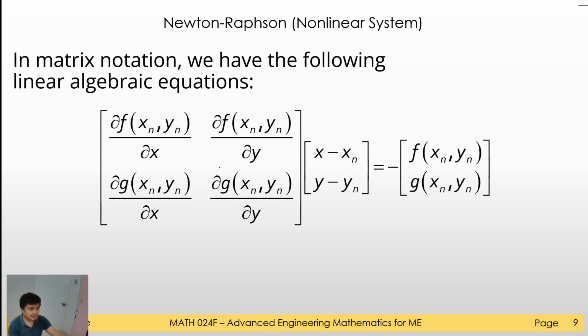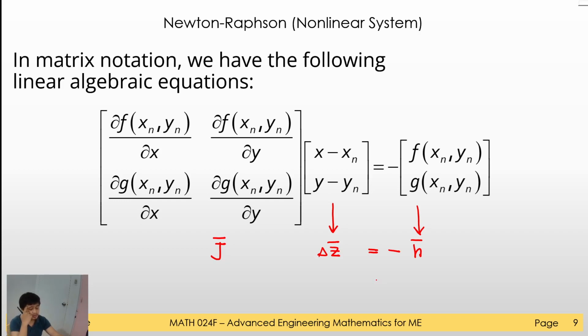This first matrix is called the Jacobian matrix, and we can call this the delta Z matrix for now. And then we have this H matrix. So we have a matrix operation of the Jacobian times the Z matrix, equal to a constant coefficient, the H. Actually, they should be negative.